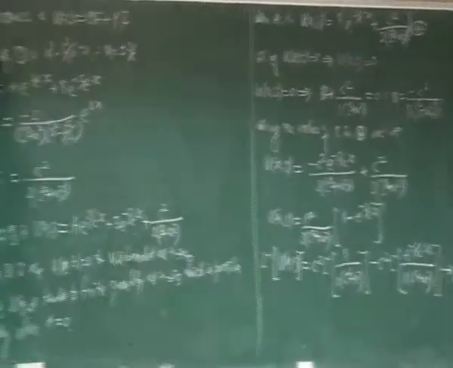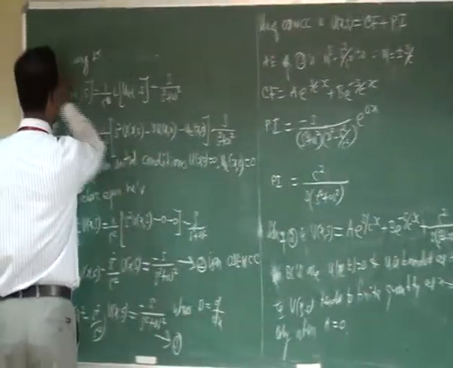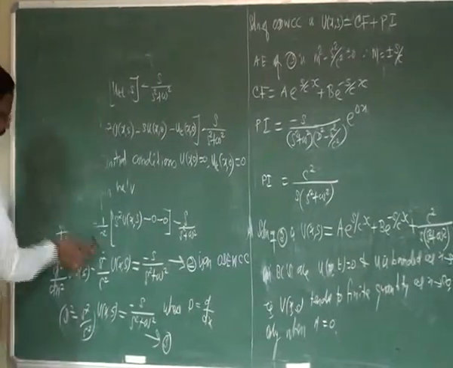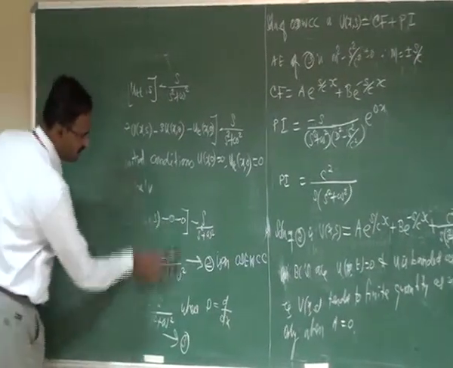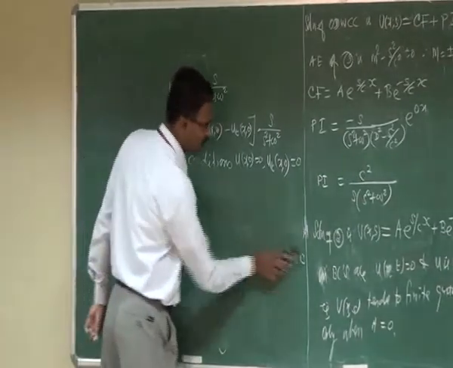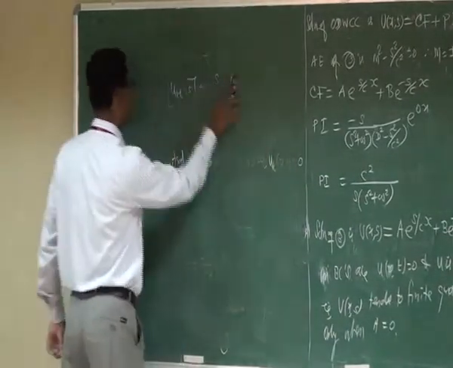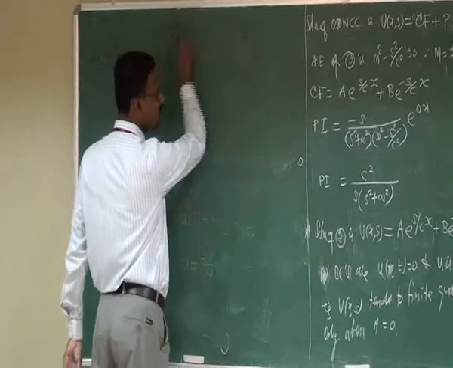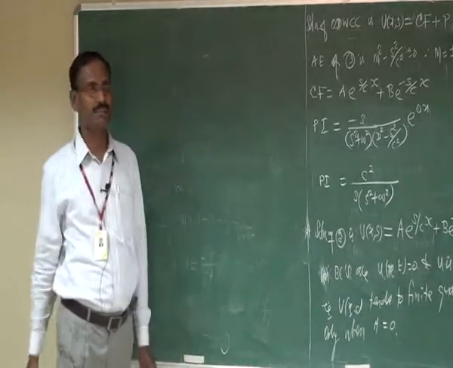Now, the inverse Laplace transform of the function 1 by s into s square plus omega square can be found out by using different methods.